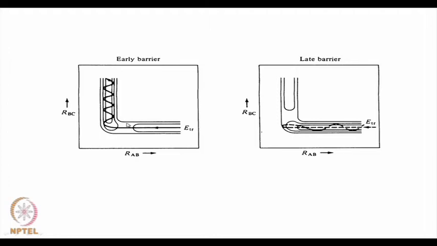Okay. So, the barrier is here at the earlier point, but if it is at a later point, then this will tend to be repelled. Okay. So, it is called the repulsive release, okay, and exothermicity is released as BC extends.